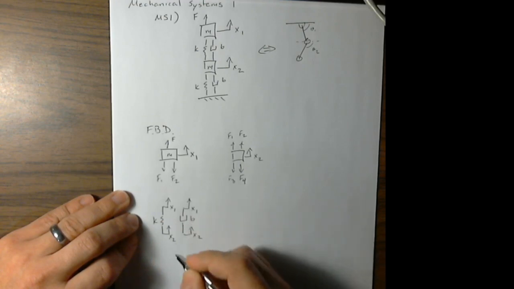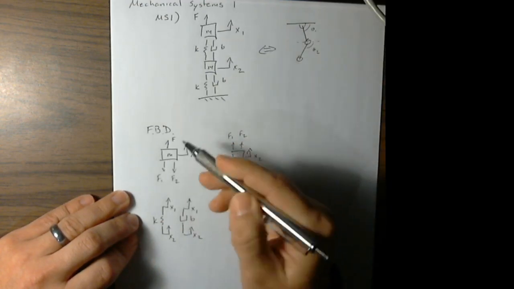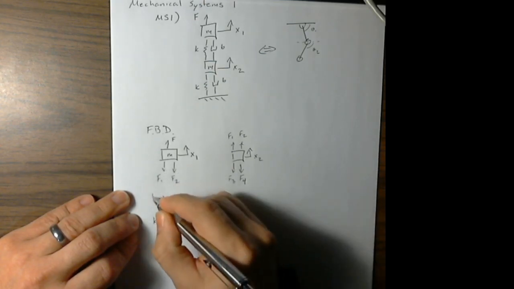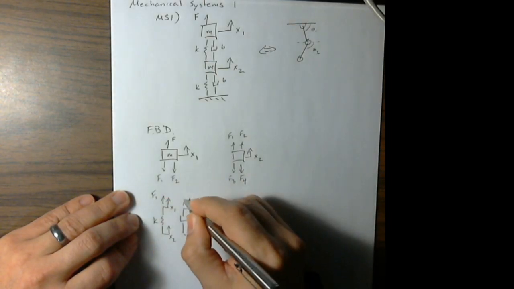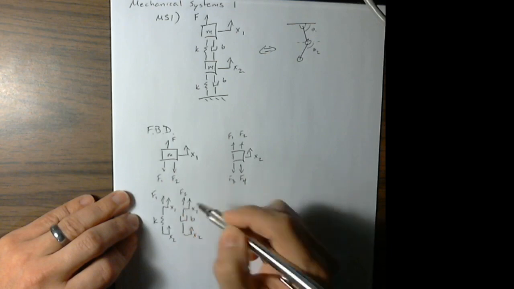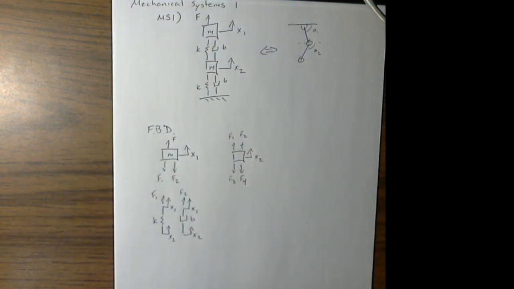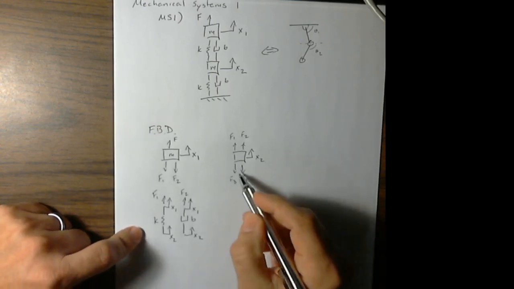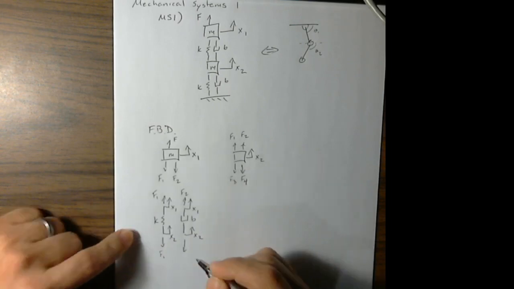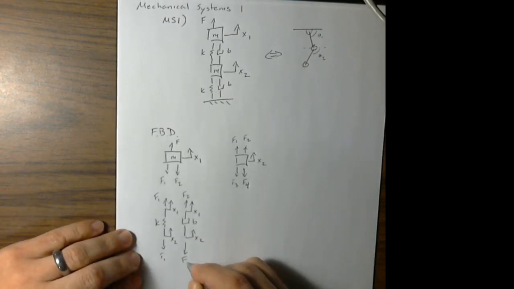Okay. Now, the forces we apply at the top, right? You'll have F1 and F2. Here they're going to have to be acting this way, opposite the point of contact. And at the bottom, you have to have F1 and F2.